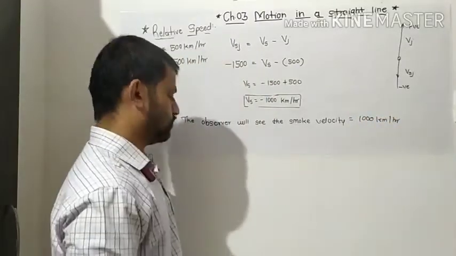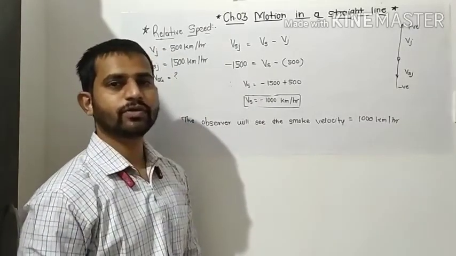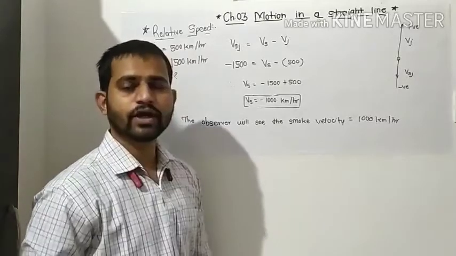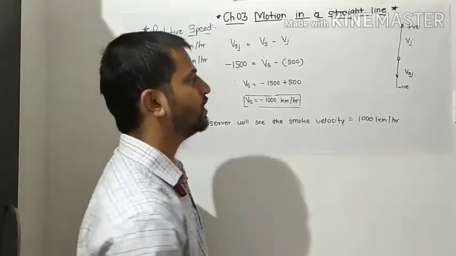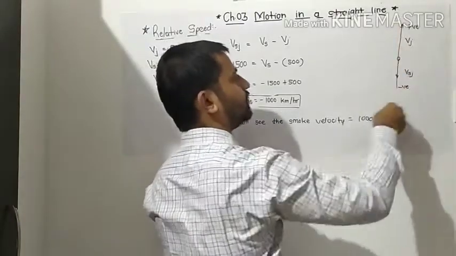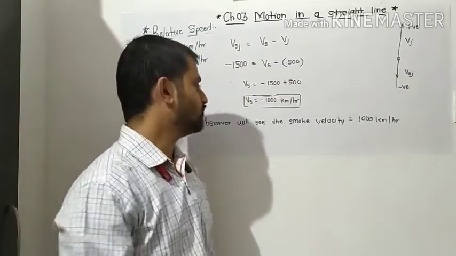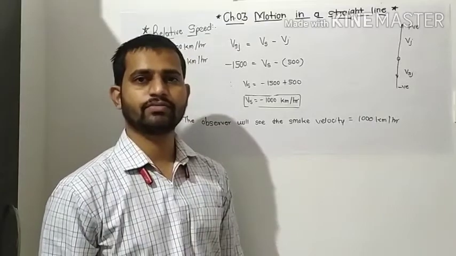This is the value they are asking. We don't have to consider the direction here, because direction is only given in the case of this particular direction. So the observer will see the smoke velocity of 1000 kilometer per hour.